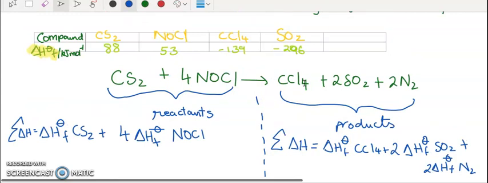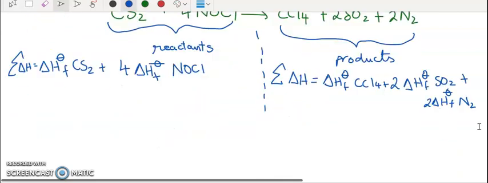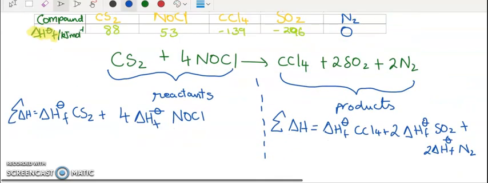We have the data for CCl4. We have the data for SO2, but we don't have the data for N2. The reason is because nitrogen is already an element. You cannot form nitrogen again, so its standard enthalpy of formation will be zero because you cannot form an element. It already exists.